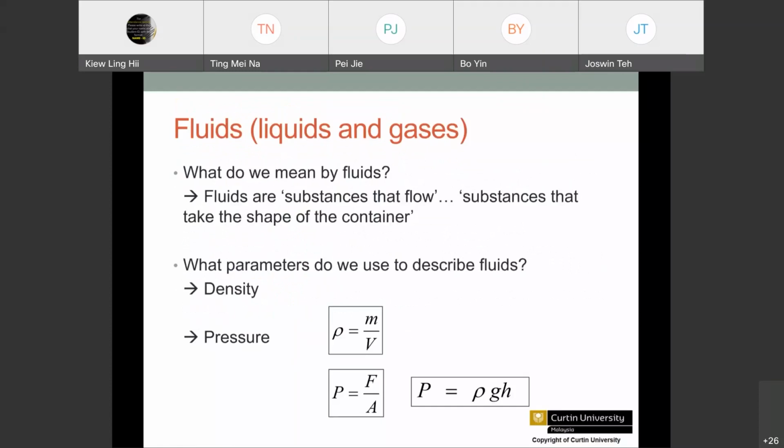Okay, so the definition of fluids means substances that flow, and it will take the shape of the container. The parameters that we use to measure fluids are density and pressure. Density is given by symbol rho, calculated by dividing your mass with volume. M stands for mass in the unit of kg.